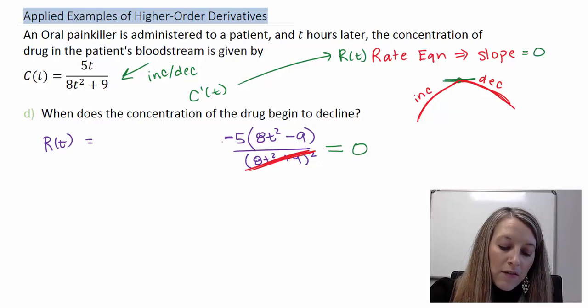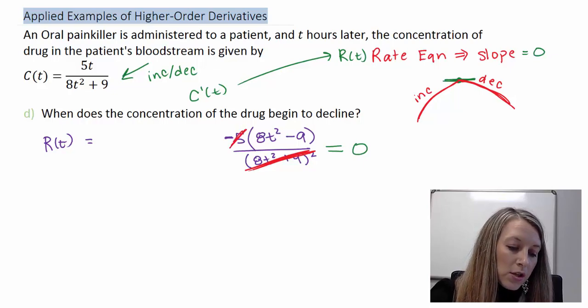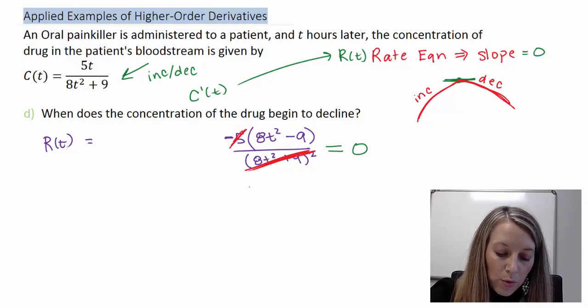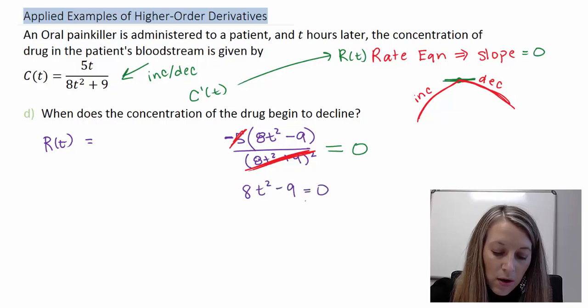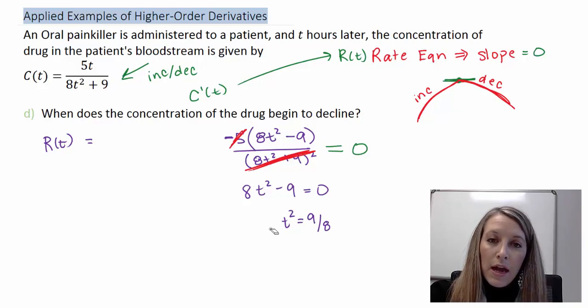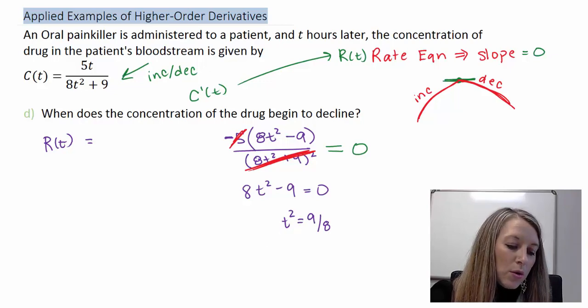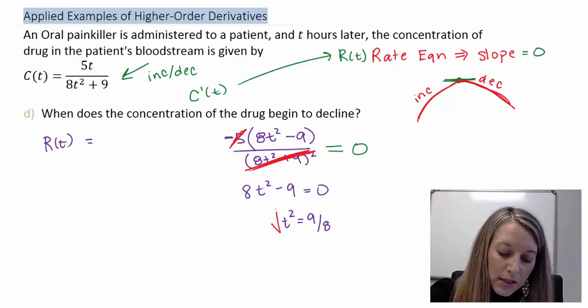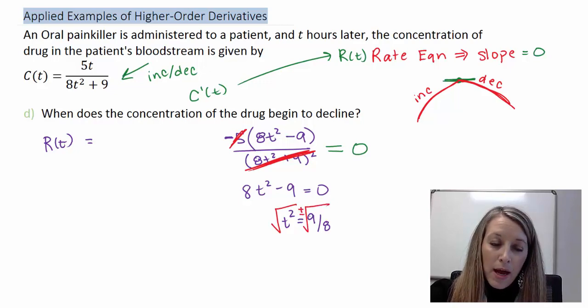I know that this -5 is not going to apply, because if I set it equal to 0, that also cancels out. So really, this is only going to apply when 8t squared minus 9 is equal to 0. If I move my 9 over to the other side and divide by 8, I get t squared is equal to 9/8. To get rid of the square, I take a square root, which really means I have to force in a plus or minus.